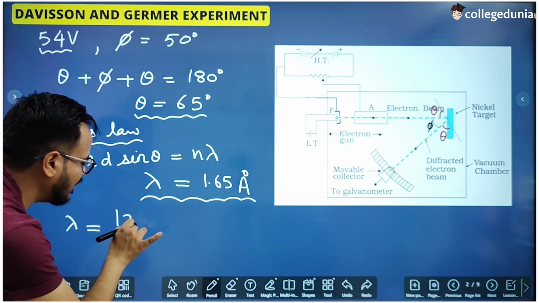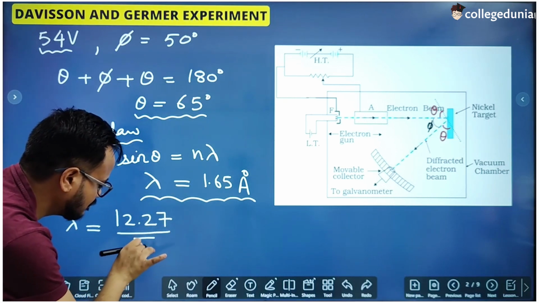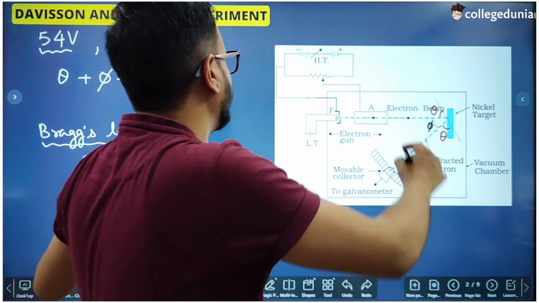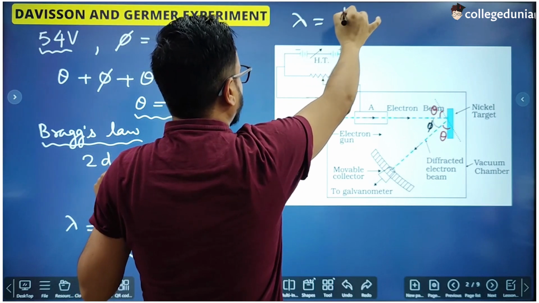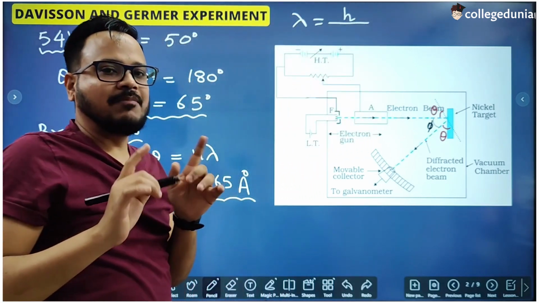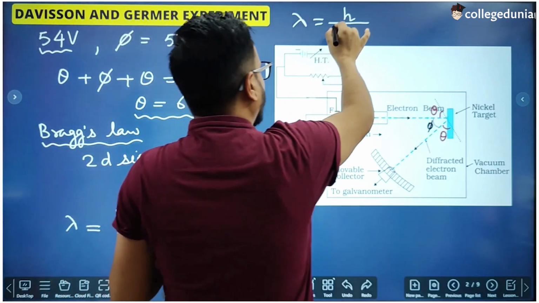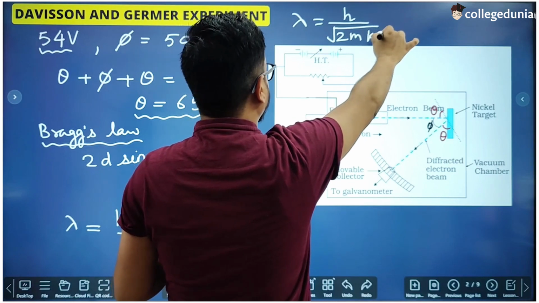He said that when electrons are accelerated through potential V, where did this formula come from? Since lambda is h upon mv, mv is mass into velocity, which is nothing but momentum, and momentum is under root 2m into kinetic energy of a body.